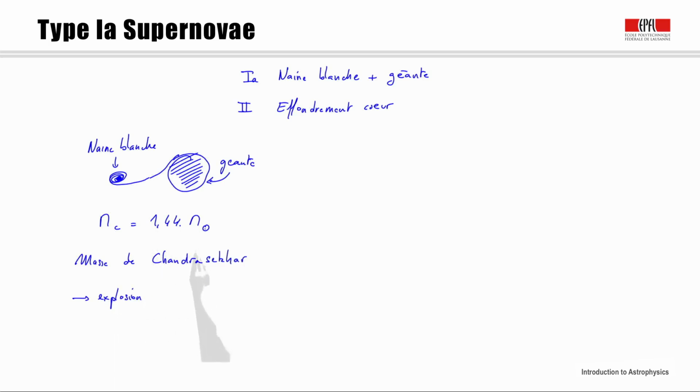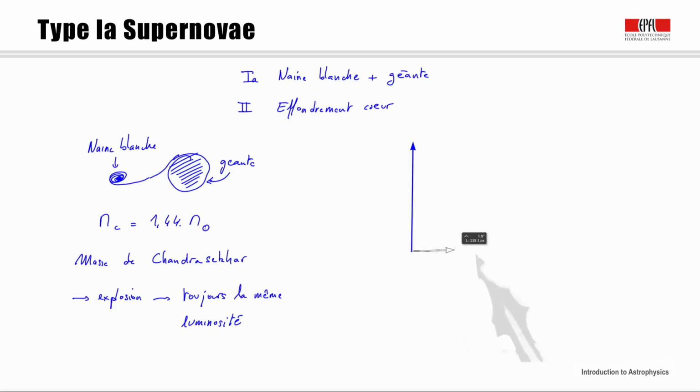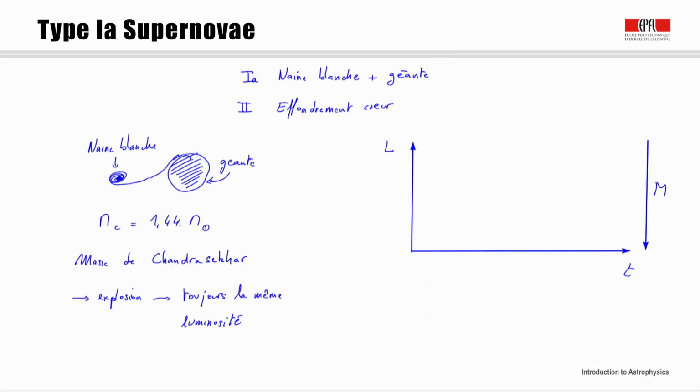Since the critical mass is always the same, we will always have the same luminosity. Actually, it's the explosion peak that will always have the same luminosity. What is of interest here is what we call the light curve of the supernova, as in the Cepheid star's case. But this time on the axis, we have the time here, the luminosity here, and also the absolute magnitude that would be here.